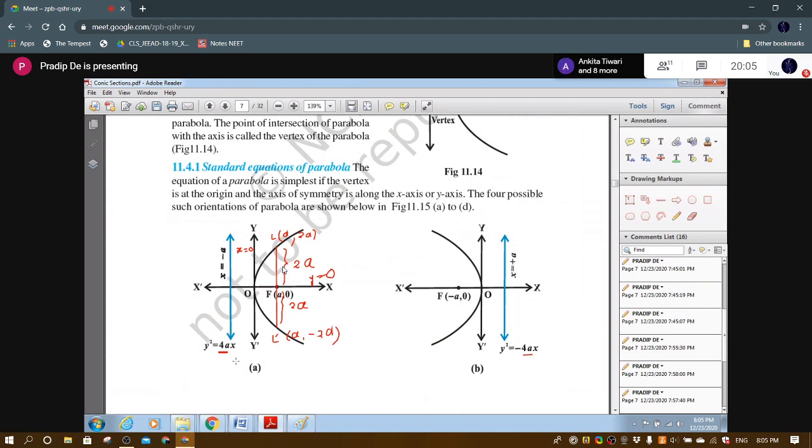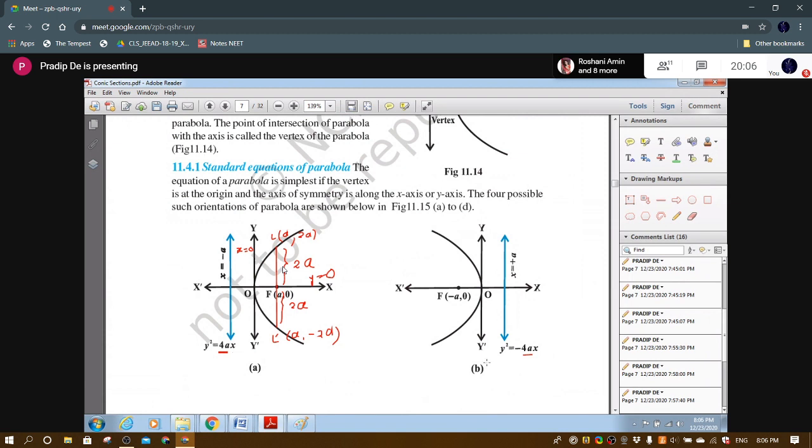Okay? When the left hand side is y square, the absolute value of the coefficient of x is the length of the latus rectum. And when you divide this by 4 you get the value of a, that is the distance between the vertex and the focus, or vertex and the directrix.